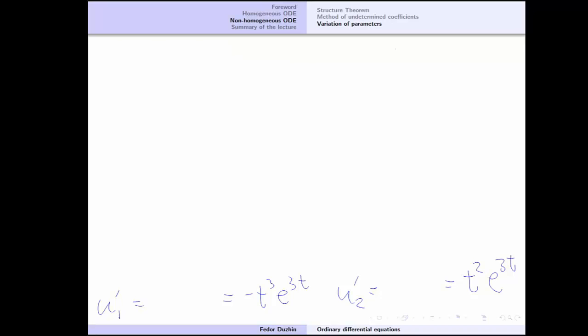But the problem is that this is u1 prime and u2 prime instead of u1 and u2, which means that the fourth step has to be integration, right?